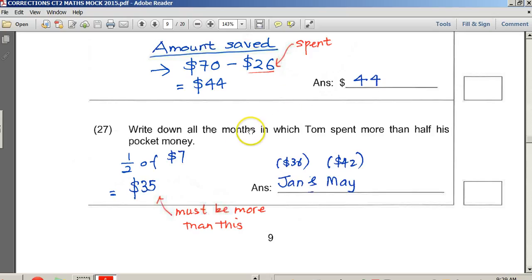Okay, more than half means you have to figure out what do you mean by half of the pocket money. So for example, half of 70 is 35. Okay, any amount spent more than 35 is January, which is 36, and May, 42, right? 1 mark for each.